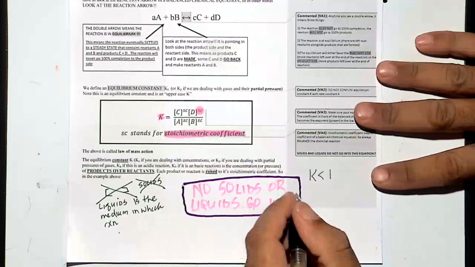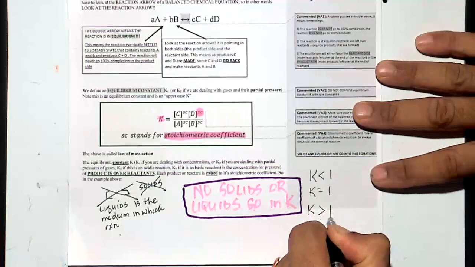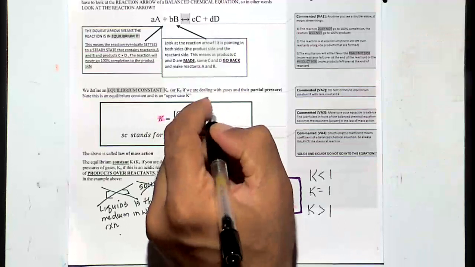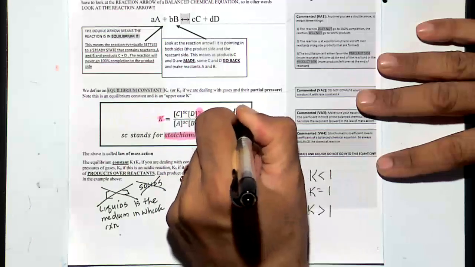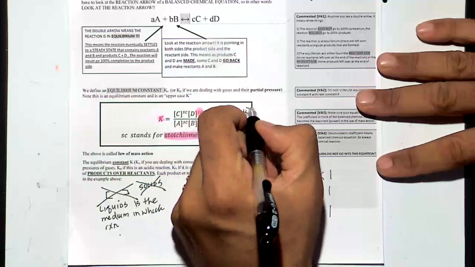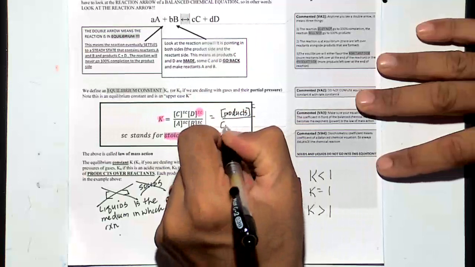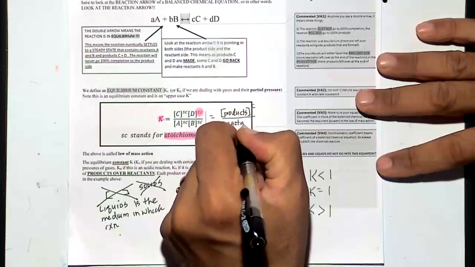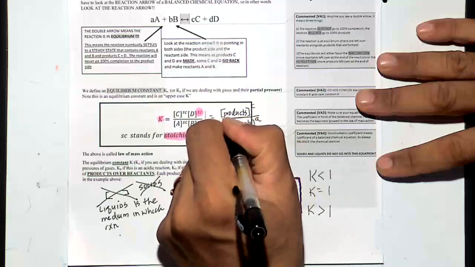If this K, products over reactants, equals 1, or is greater than 1. Remember, just for everyone here in the class, products, don't forget to raise it to the power of the coefficient divided by the reactants. Each reactant raised to the power of its own coefficient.